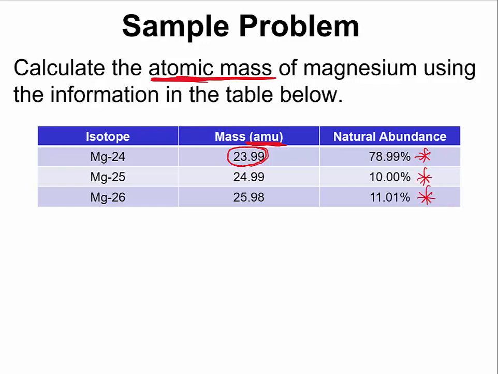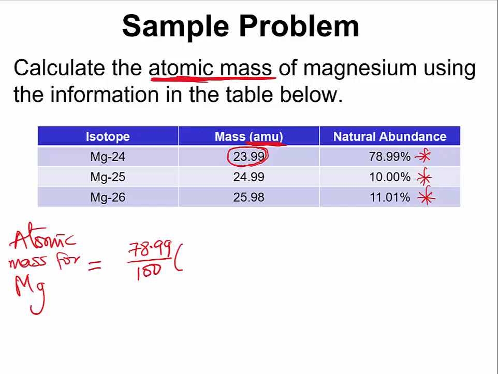Let us now calculate the atomic mass for magnesium. That would simply be 78.99% multiplied by 23.99.